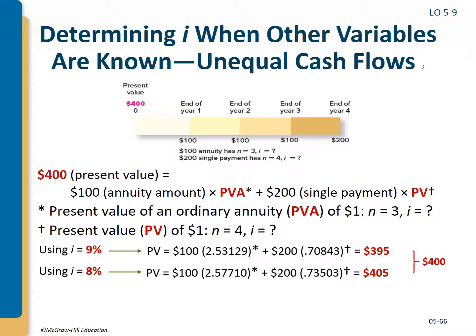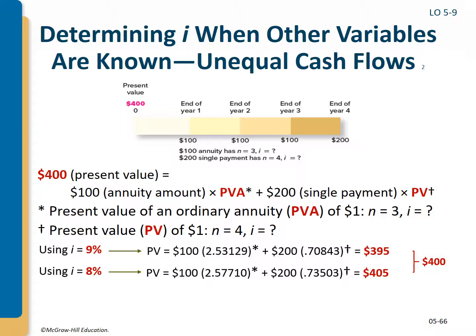Okay, so if you use 9%, determine the factor 9%, 3 periods for a present value of an annuity because there's 3 payments of 100. Get that result. Add to that 200 times the present value of 1, 9% interest column.